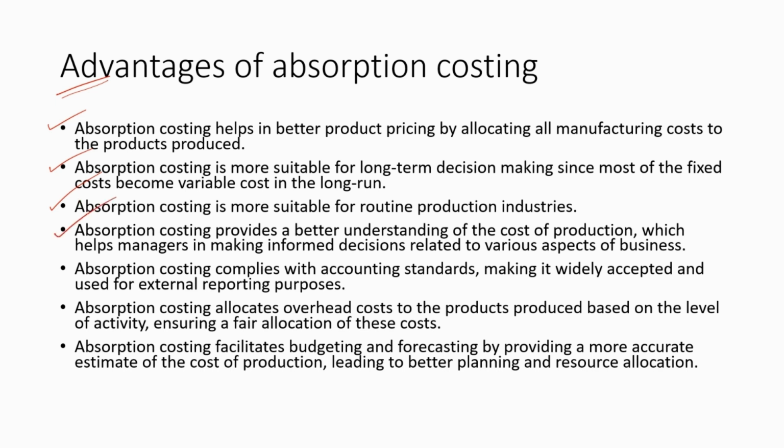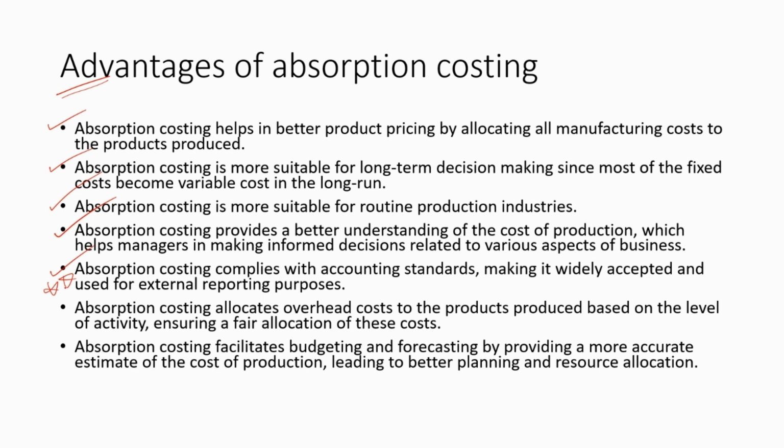Absorption costing is more suitable for routine production industries. Absorption costing provides a better understanding of the cost of production, which helps managers in making informed decisions related to various aspects of business. Absorption costing complies with accounting standards, making it widely accepted and used for external reporting purposes. This is really important. Absorption costing complies with the accounting standards.